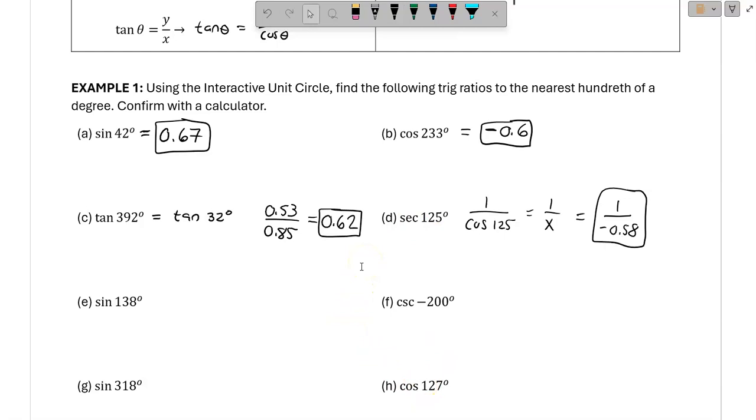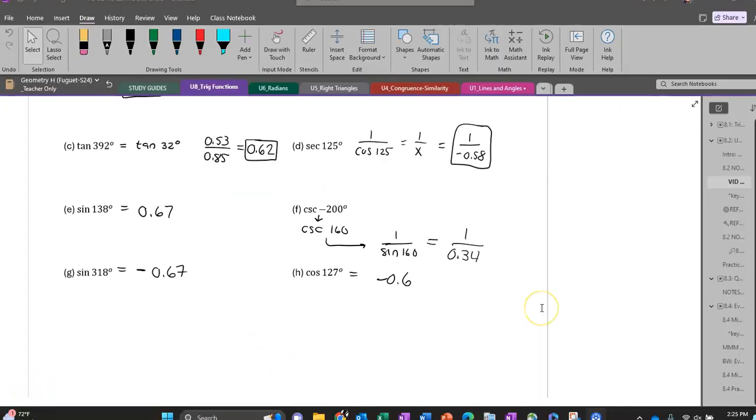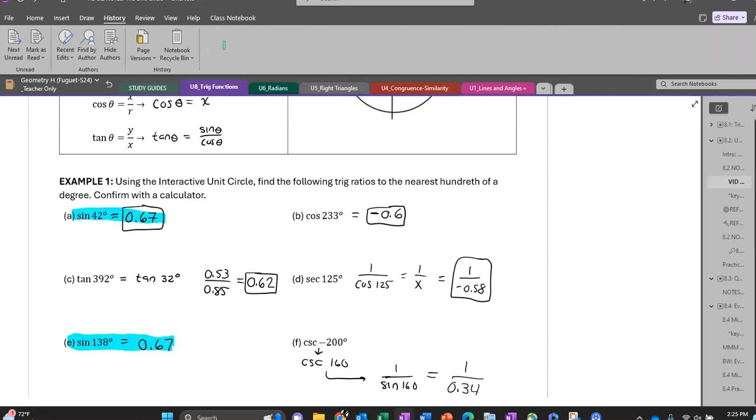Now, I'd like you to go ahead and pause this video and try letters E through H. All right, here are our answers for E through H. Notice that E and G both came out as 0.67. One was positive, one was negative, which is also what we got for letter A. I'm going to highlight those three answers because I want to come back to this in just a moment in the video.